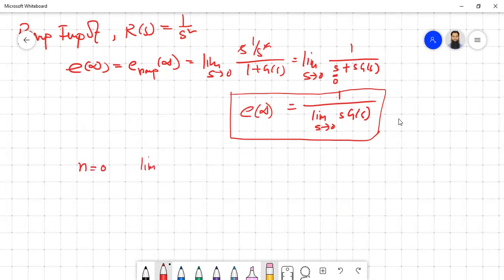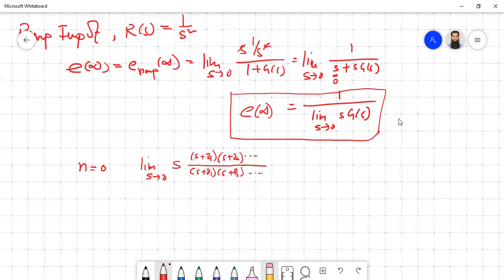Limit, there is no pole at the origin, so limit s tends to 0, s g of s. s g of s is something like this: s plus z1, s plus z2 goes on, and then s plus p1, s plus p2 goes on.